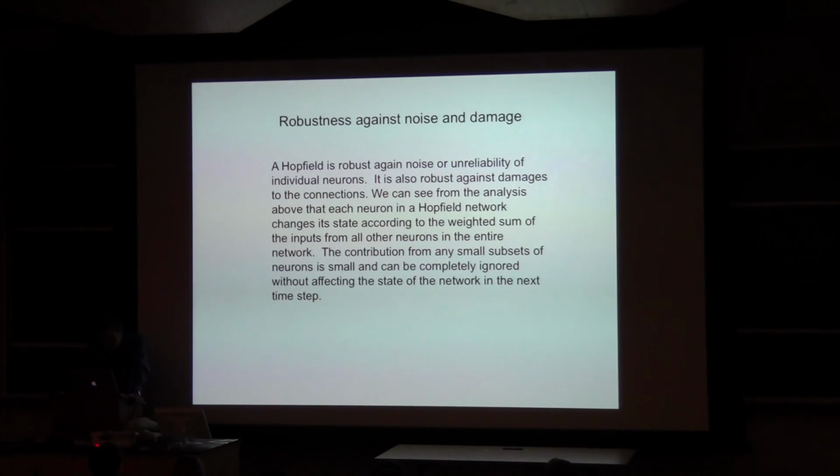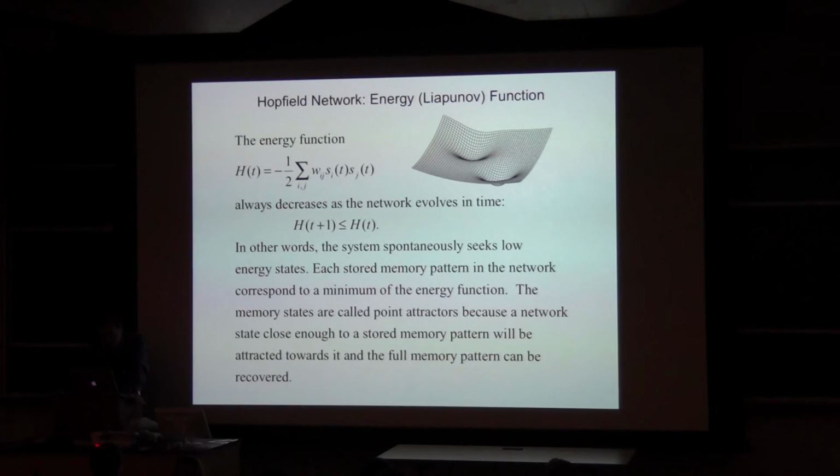There's an interesting concept about this called the energy function, or Lyapunov function. The idea is that I can define a function. It's a scalar, and it depends on the state. Given any time, I can form this quadratic form based on the connection weights and the actual states. Then the whole thing is a scalar. It turns out that if there is no input and the system evolves on its own, this function can always decrease.